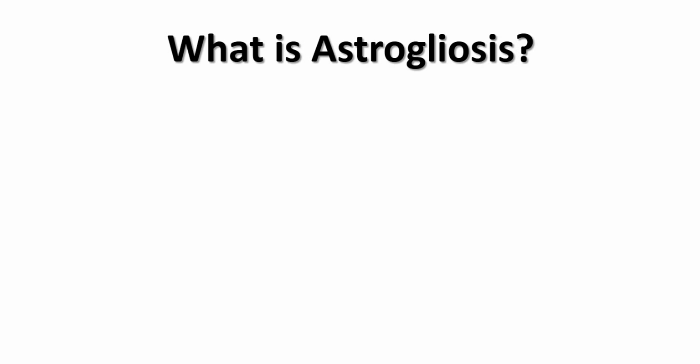And there are 5 types of glial cells: oligodendrocytes, ependymal cells, astrocytes, the Schwann cells, and the microglial cells. So, in total there are 5 glial cells.